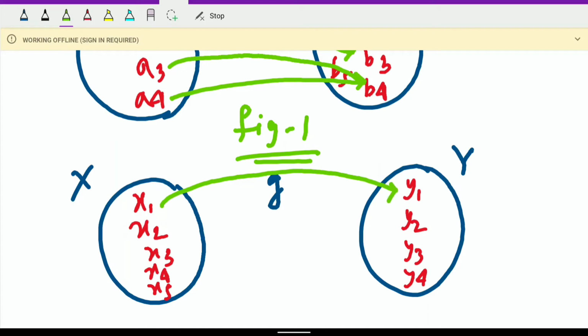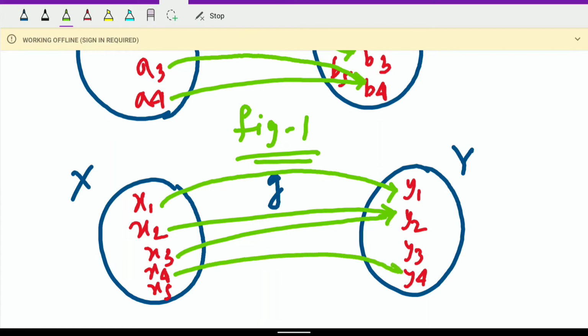Here x1 maps to y1, x2 and x3 map to y2, x4 maps to y4, and x5 maps to y3. This is figure number 2.